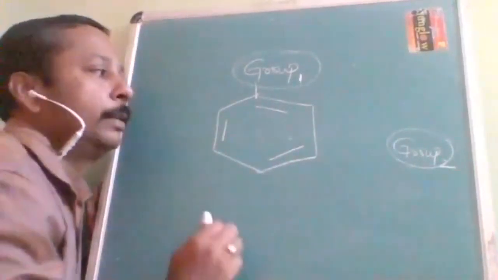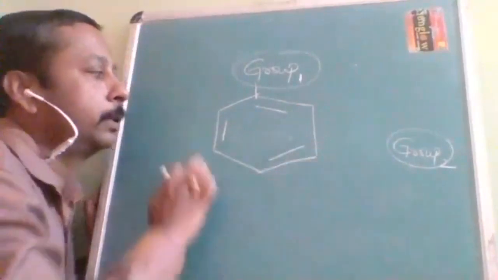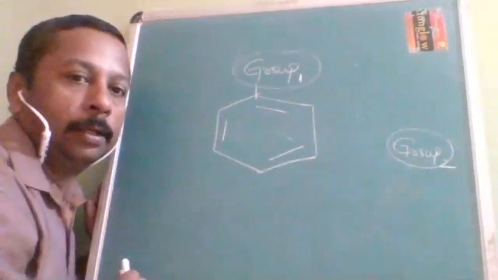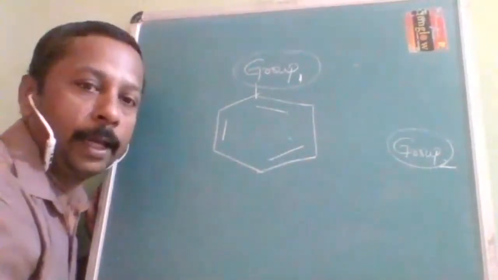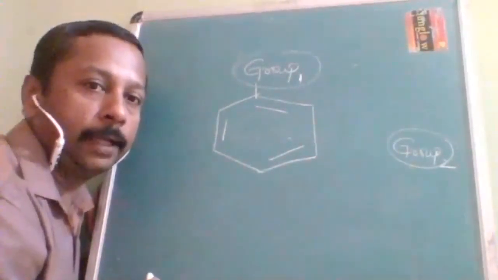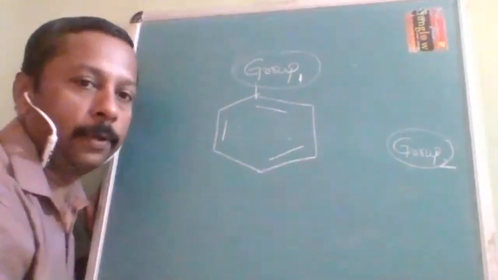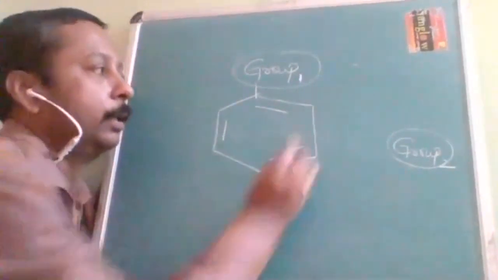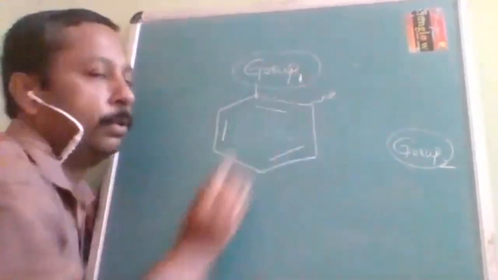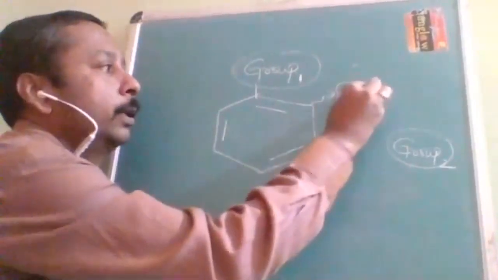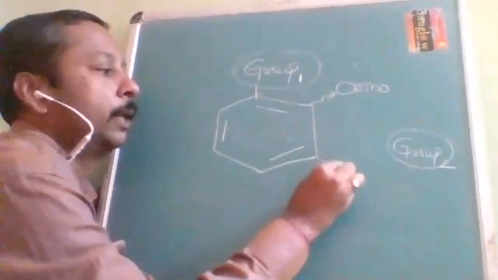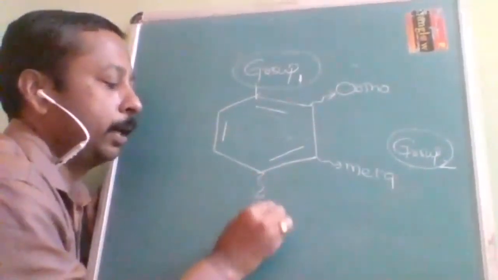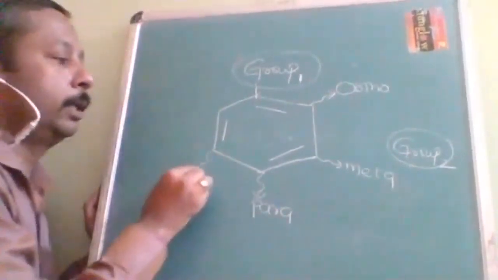Now, there are 5 places, but frankly speaking, there are only 3 types of places. Those are called active sites. The quantity is 5, but the types are only 3. This active site is called ortho, this active site is called meta, and this active site is called para.